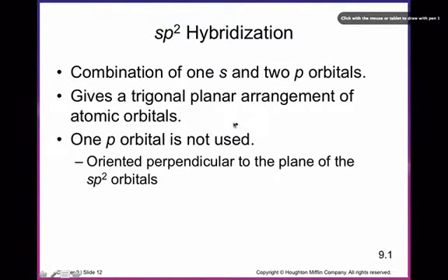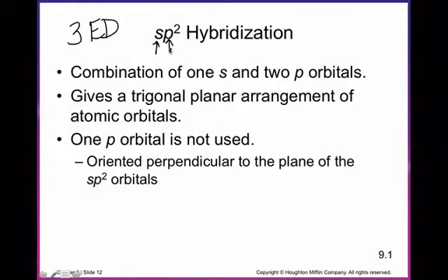So what we do then is, because we have 3 electron domains, we're going to take 1 s and we're going to only take 2 p's. So instead of doing the sp3, which was the 4 electron domains, this time because we only have 3 electron domains, we're going to drop out and leave one of those p's to be unhybridized.